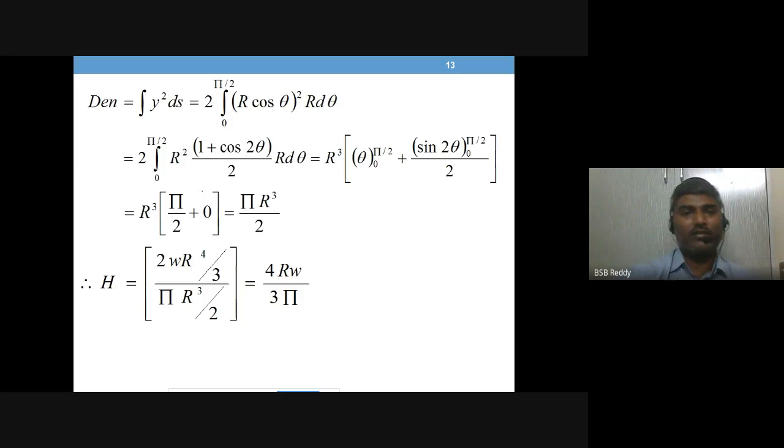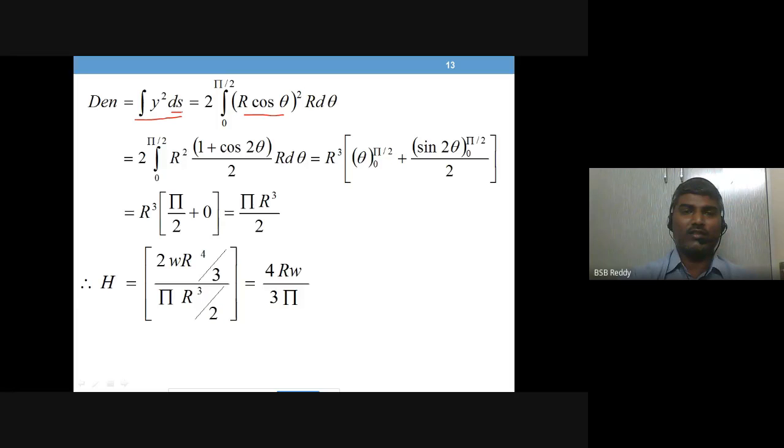As I said, the earlier problem also we have solved on a semicircle. So the denominator is going to be the same for all the cases of semicircles. Still, we will see how we solve for the denominator. It's only a repetition. What is y? R cos theta. So y square is r cos theta whole square.